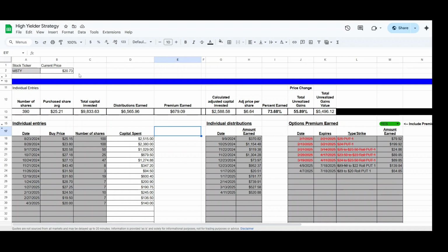Well, right now, since the price is $20, I cannot get any good premium that far out of a price without going really far out in the date. I don't necessarily want to do that. I'd like to keep it within a month or two. So right now, I'm just holding and seeing if MSTY can come on up closer to my purchase price, and then I might actually look to sell a call.